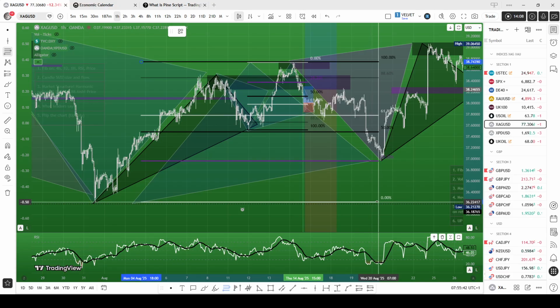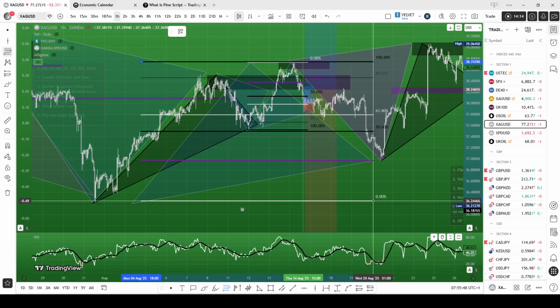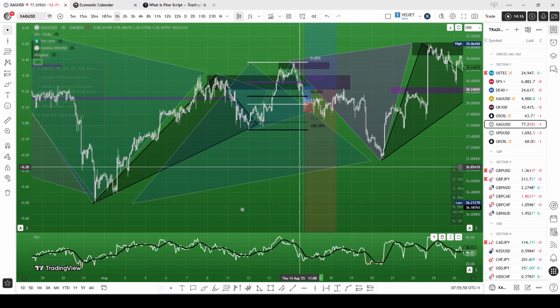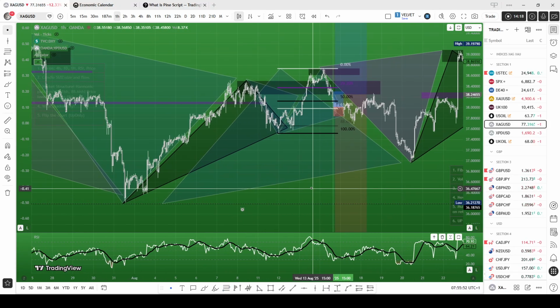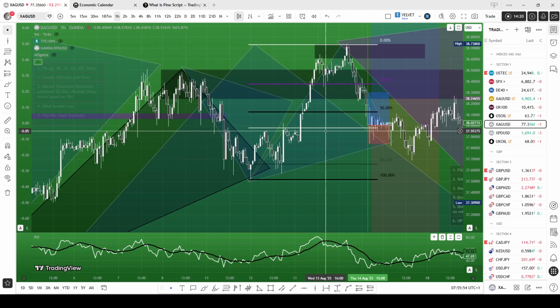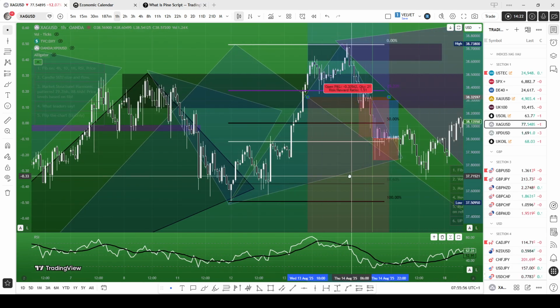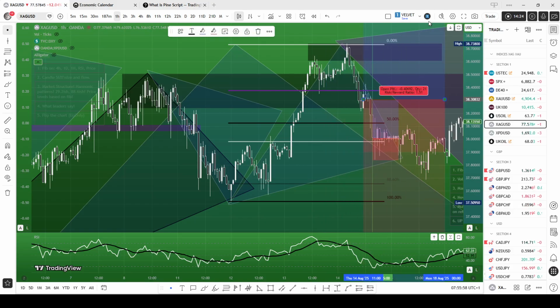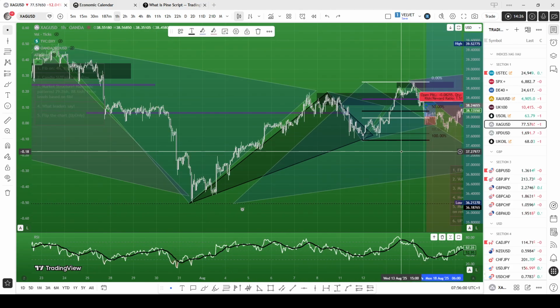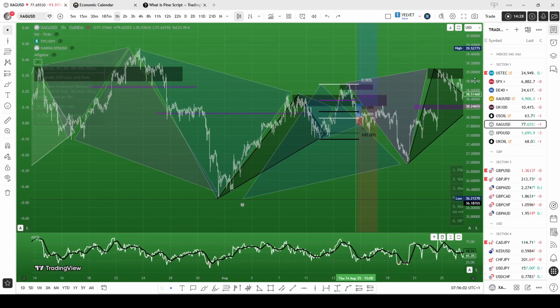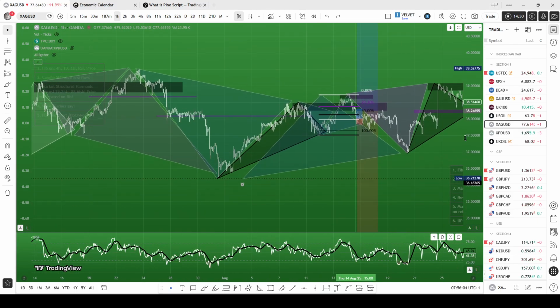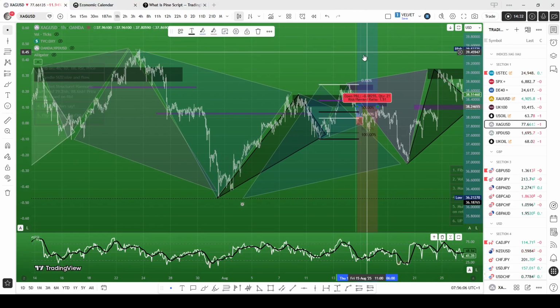Oh, the blue triangle is the reversed 29.2. I can see now. So why? Damn. Oh, infinite take profit and infinite.